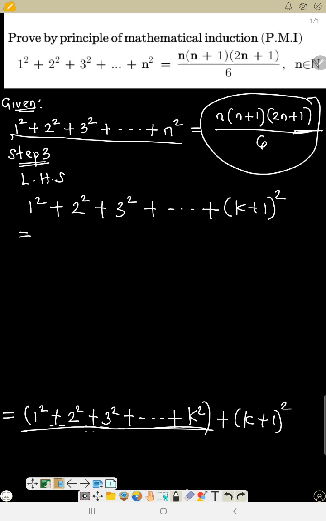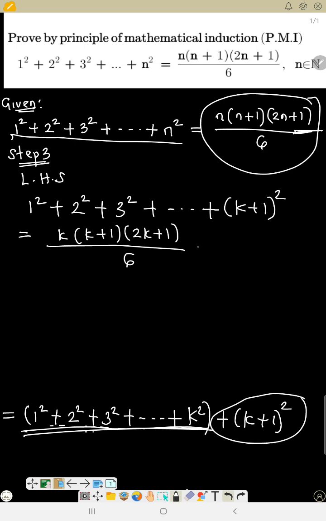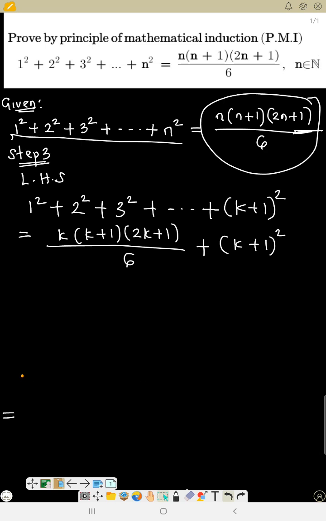So this will become k times k plus 1 times 2k plus 1 divided by 6. That is all this expression, then plus that one outside, so plus k plus 1 square. So that is it.